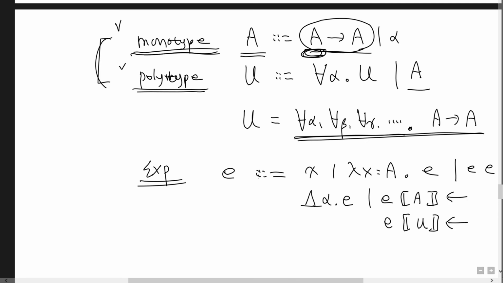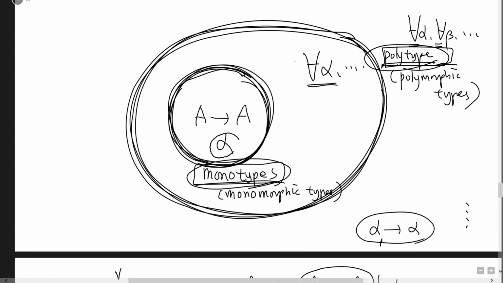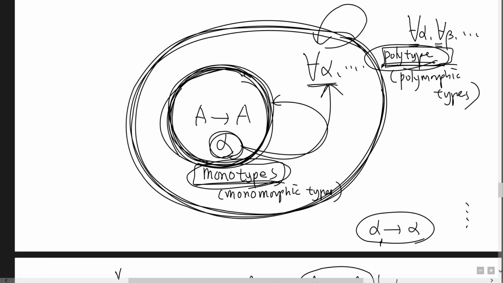Because the whole point in developing predicative polymorphic lambda calculus is this type variable is restricted to range over only the inner circle. We don't want to instantiate this type variable to another polymorphic type because then we witness something called self-referential phenomenon.